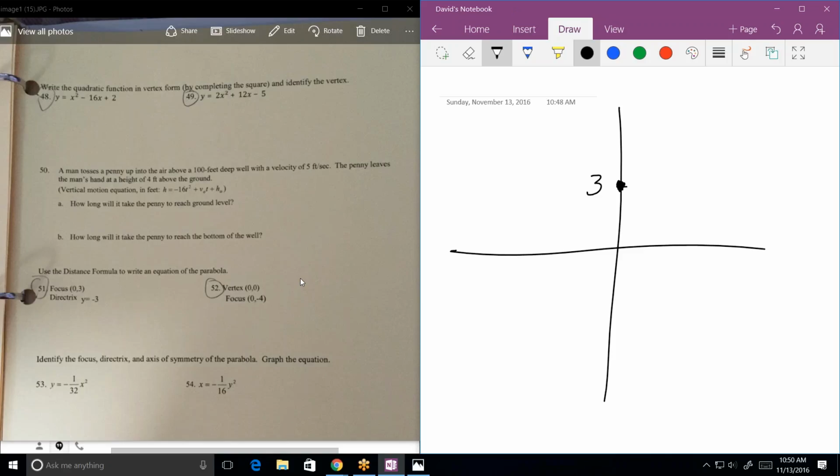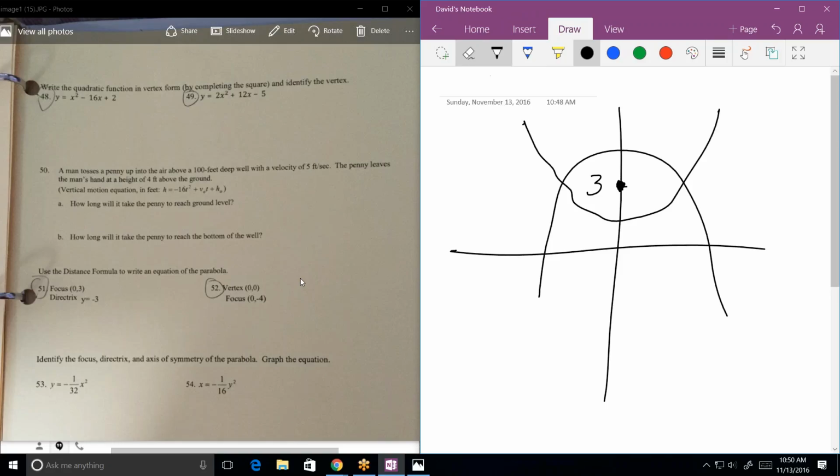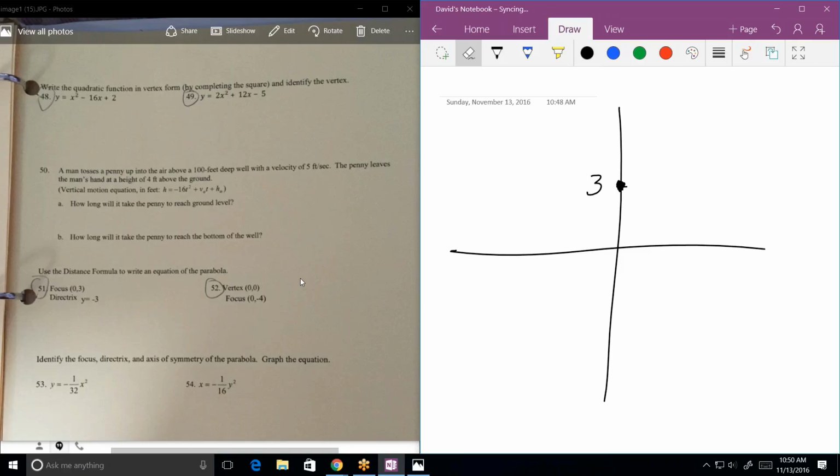We don't know yet until we put the directrix in there. In other words, it could look like this, or it could look like that. Because all we know is that the focus is always inside the parabola. Just having the focus doesn't tell us much.